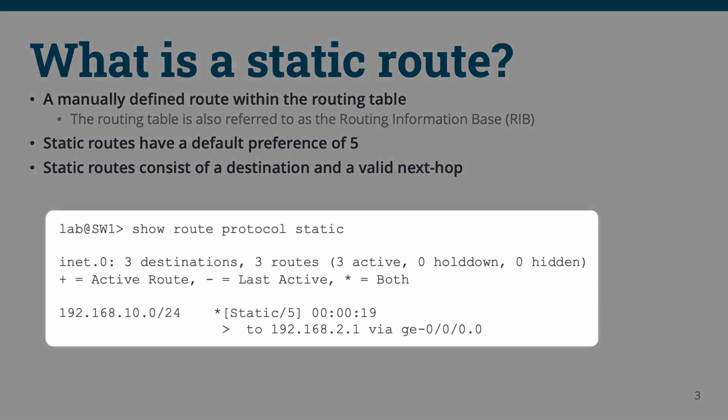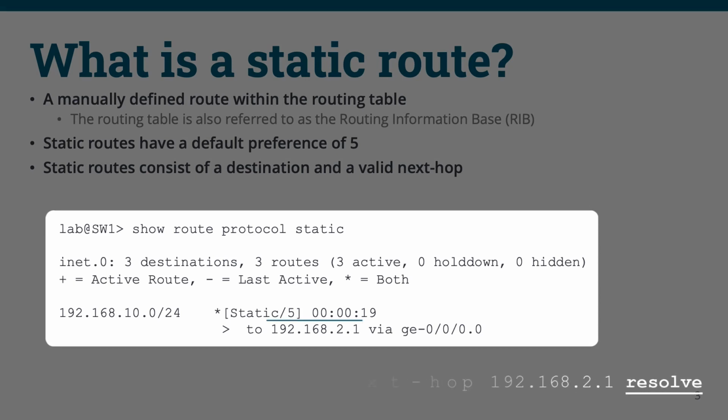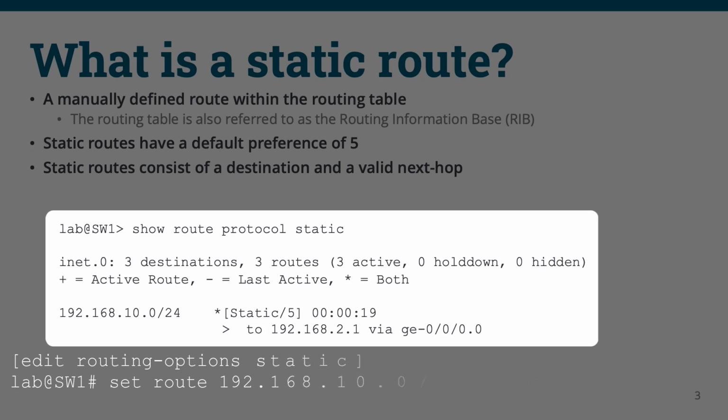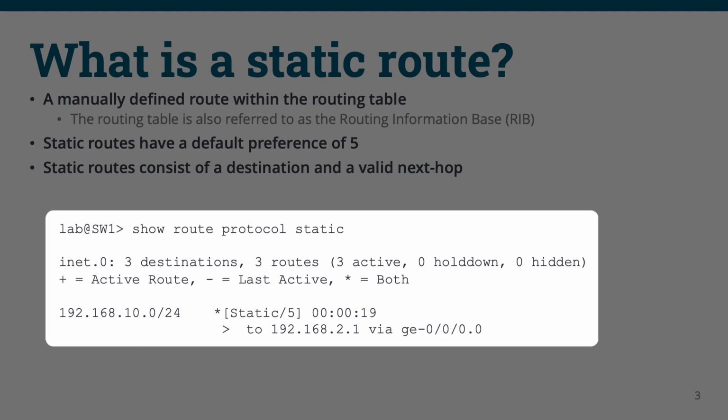As we see here, this route has a next hop which is not directly connected to the router we're configuring, though is reachable one hop away. Resolving the next hop means using the next hop of the active route, which includes the static route's next hop.